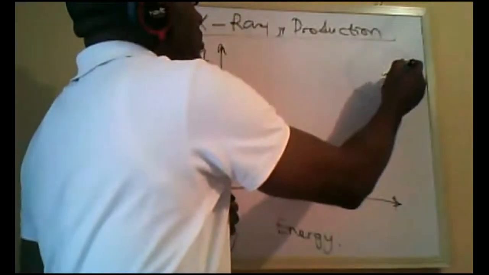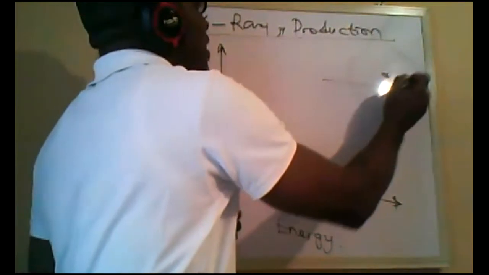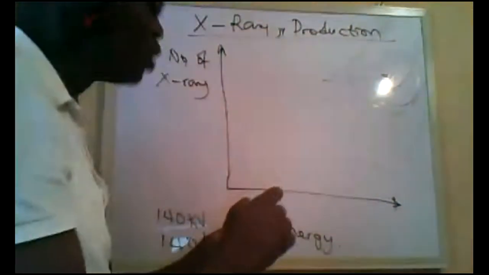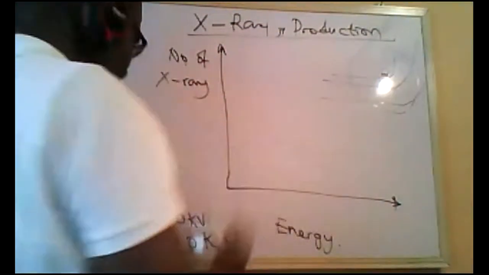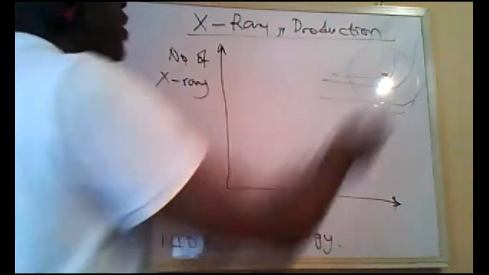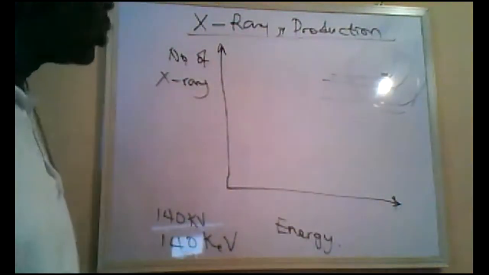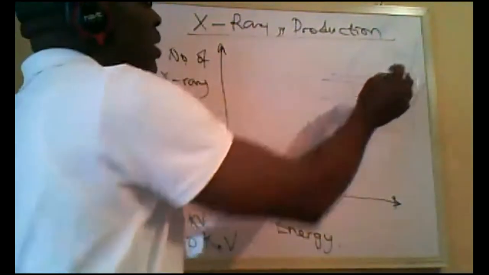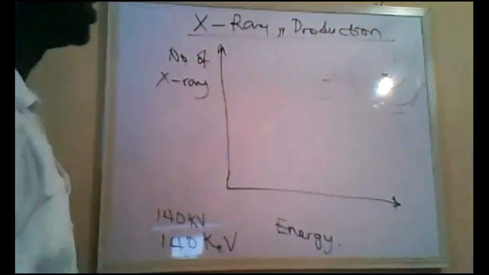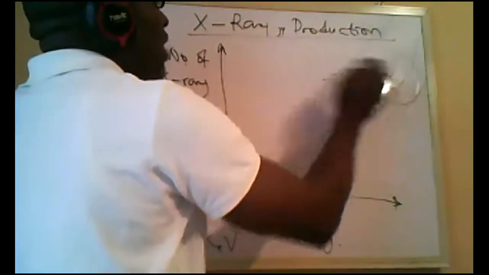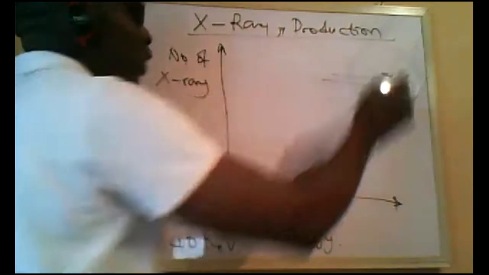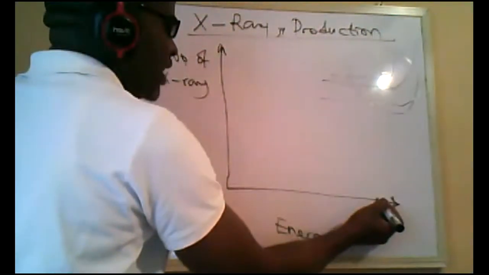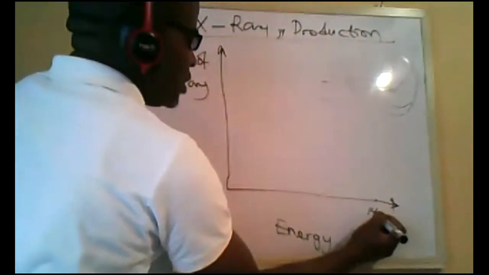Electrons that come here and lose almost all of the 140 keV will give rise to X-rays of 140 keV, whereas the others will give rise to lesser amounts. But the probability of the electron coming in contact with the nucleus is very, very small, so you have a very small amount here. So 140 keV will be here.